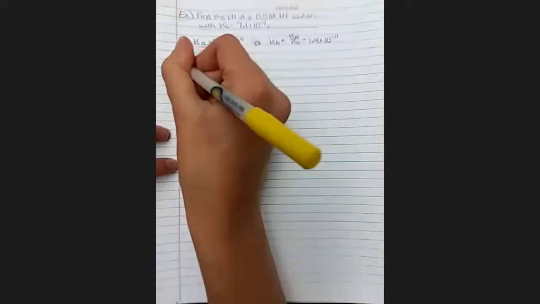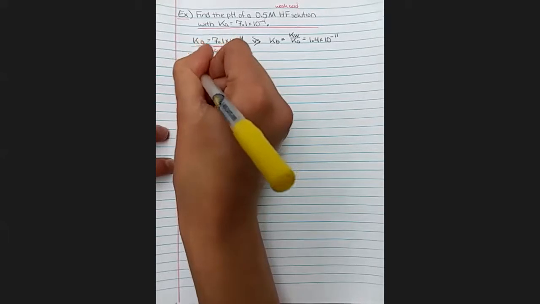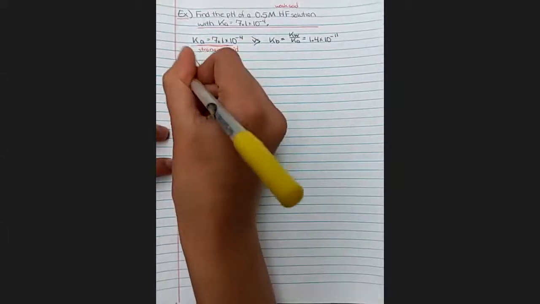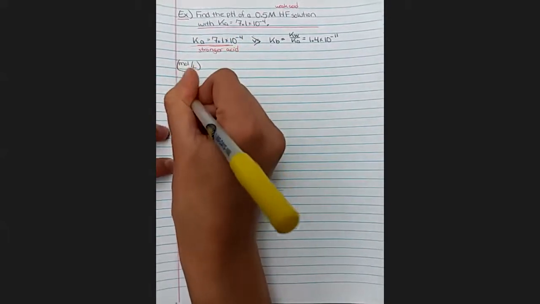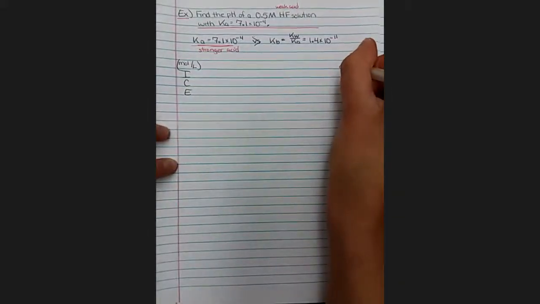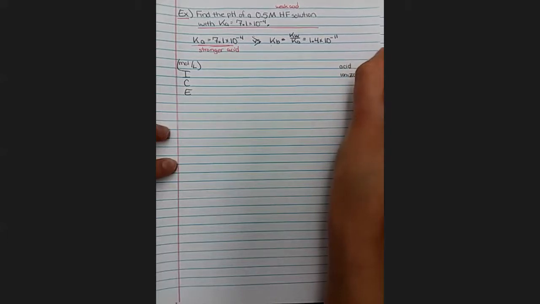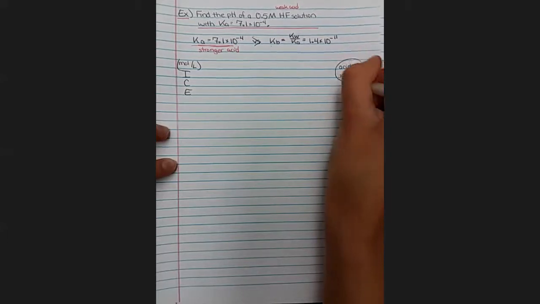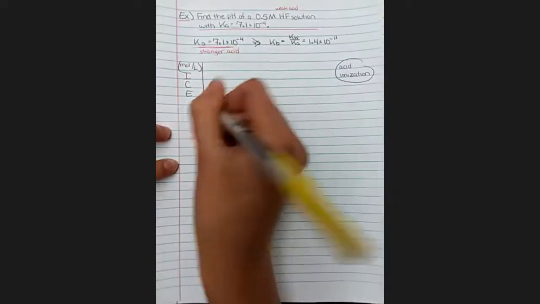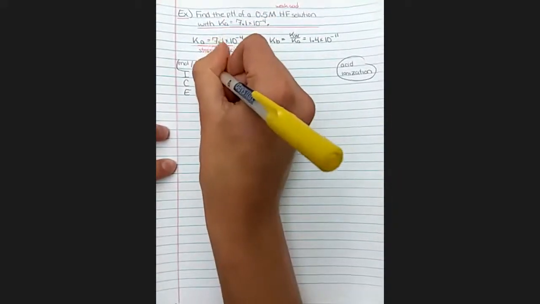All right, now that we know it's an acid, we can do an ice table. We always use the acid ionization reaction for acids. Okay, we'll do the specific one here.